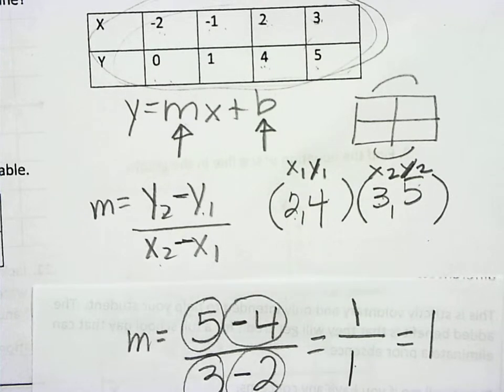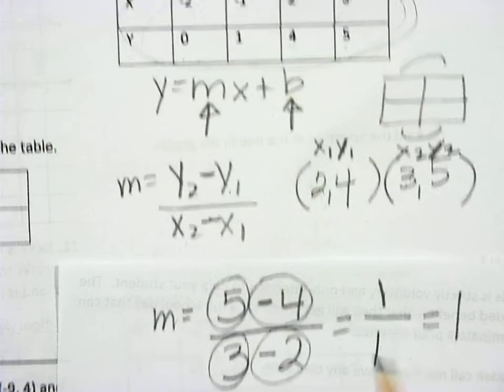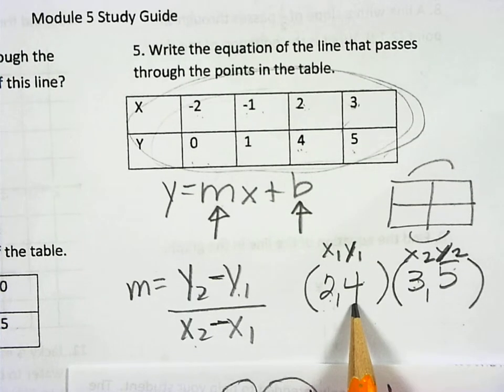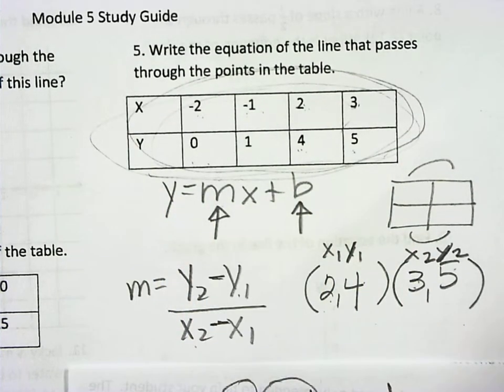I need b, and I don't know what it is, but I know what m is, and I can take an x and a y value from my table and plug them in here. So if I use the point 2, 4, this is x, this is y. Y is 4 equals slope is 1 times x, which is 2, plus b.